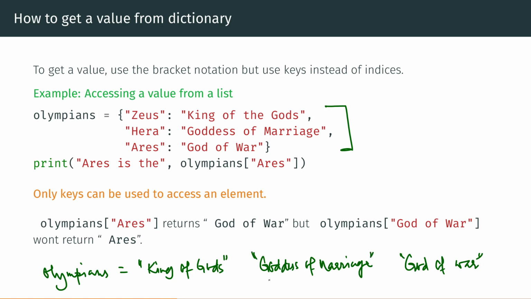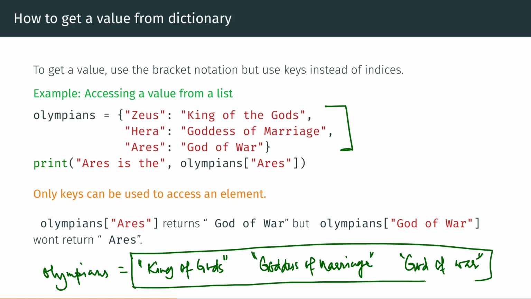So in this case, the list would have size 3, which is to say it would have 3 elements, and the indices of these elements would be index 0, index 1, and index 2.